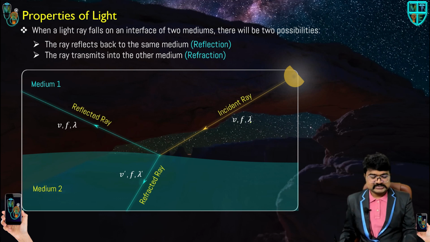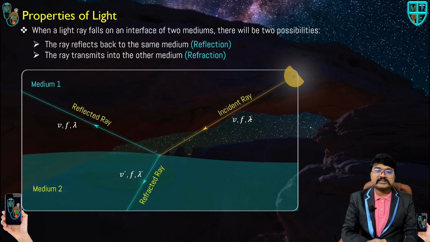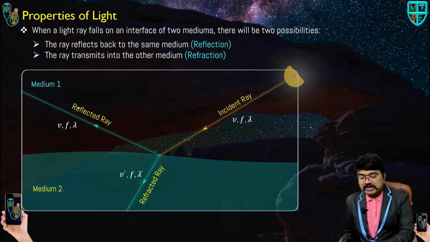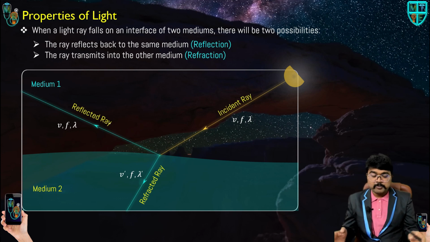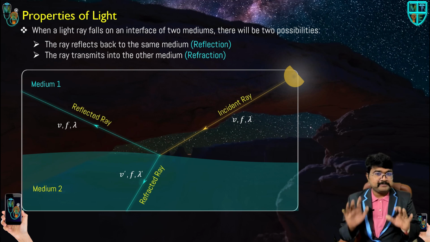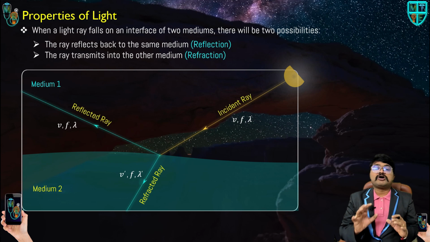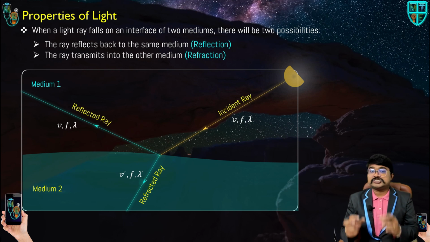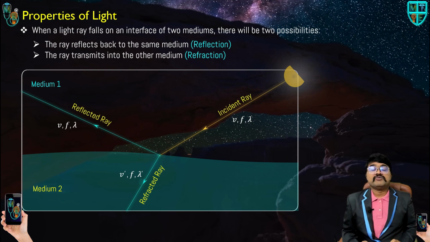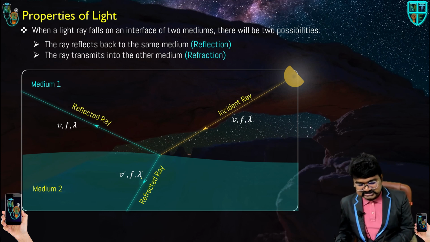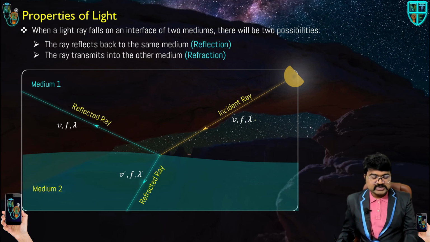The wavelength of the incident ray and the wavelength of the reflected ray will both be the same because of the same medium. Coming to refraction, the velocity and wavelength of the refracted light are not the same as the velocity and wavelength of the incident ray. So here V dash and lambda dash, and here V and lambda.